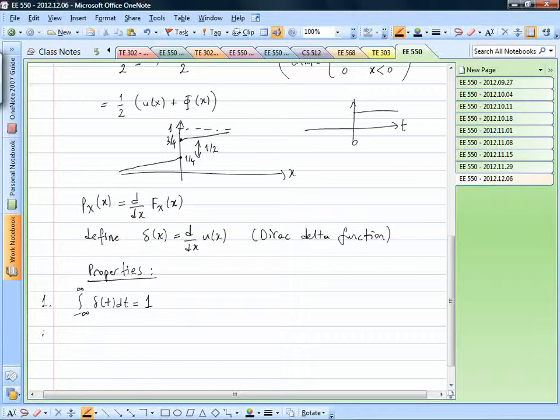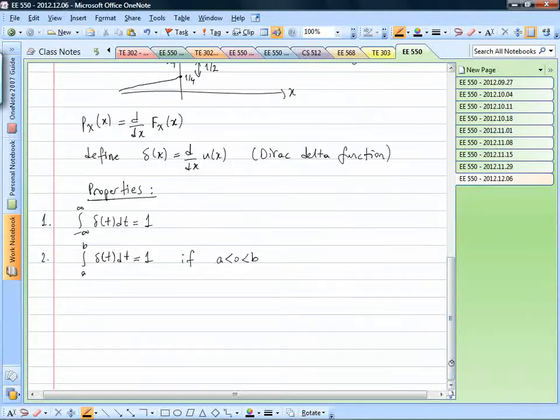And number 2, the integral from a to b of delta(t) dt is also 1 if the range from a to b contains 0, because there's a point mass at 0, right? So that's how we show the delta function. Okay, so at 0 there's like an infinite jump. At other points it's equal to 0.